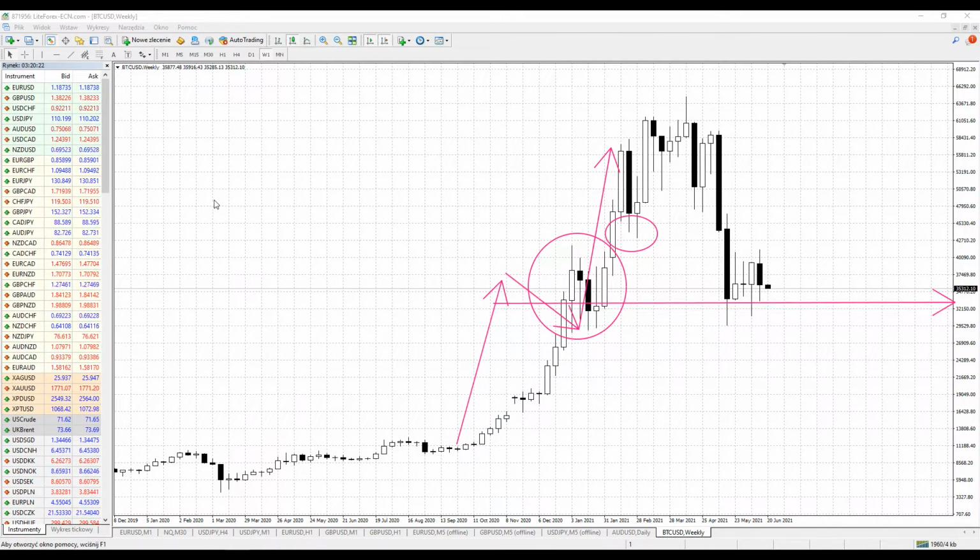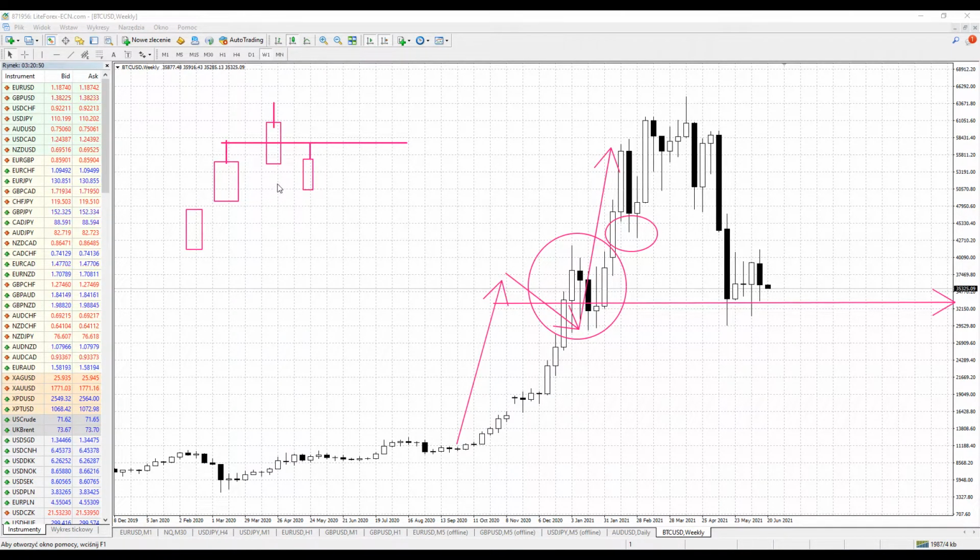The swing high is when we see the rally going on, and suddenly at some point we see a strong high creation. For example, if that's the daily chart, we see some kind of high creation during the rally.